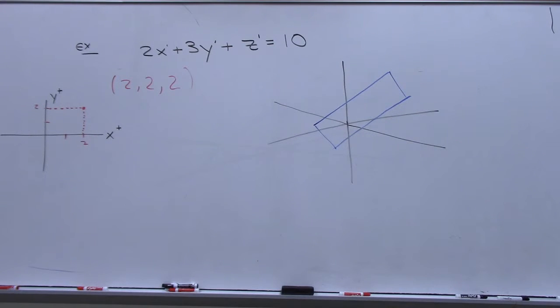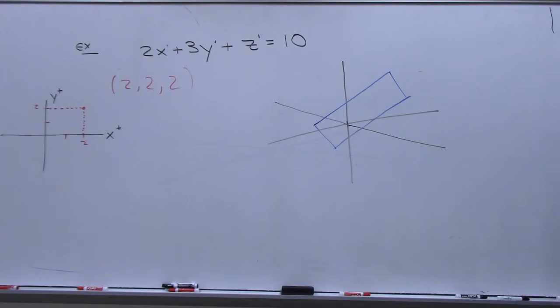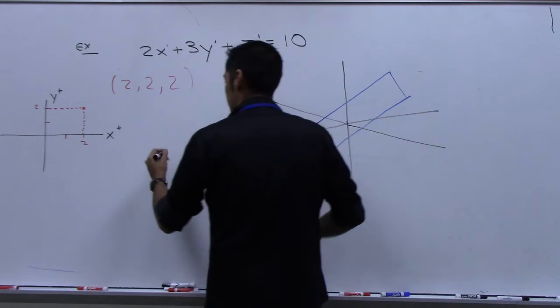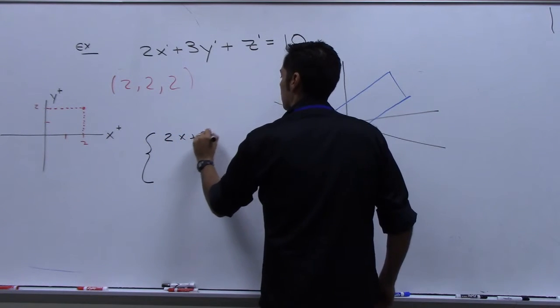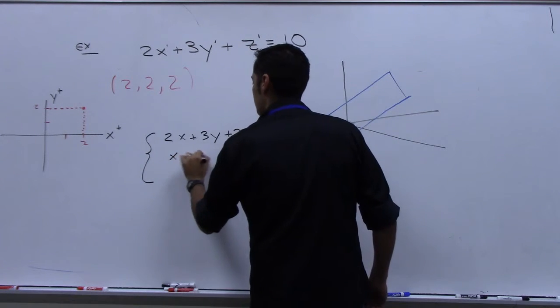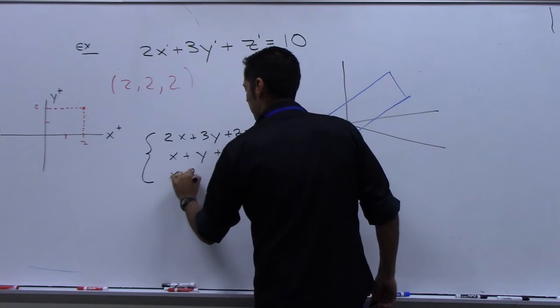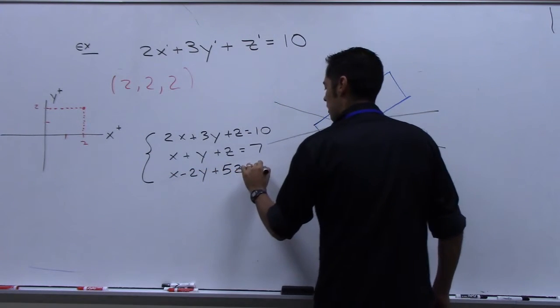Understand? So, if I give you a system of three equations, each of them having x, y, and z in it, 5z minus equals 2.